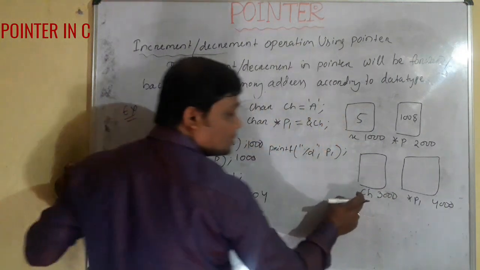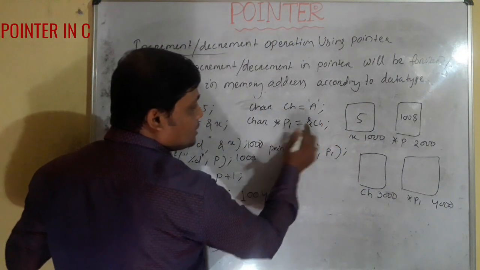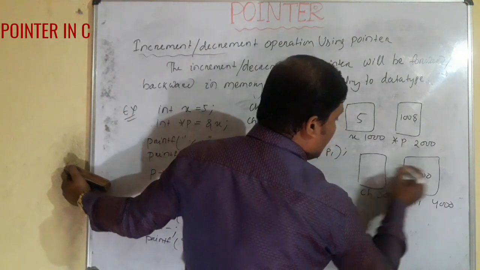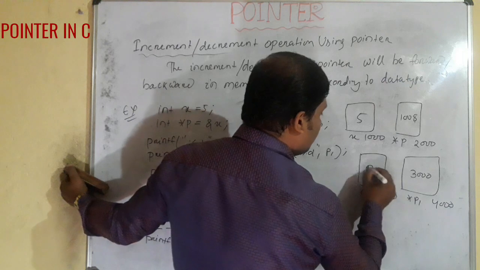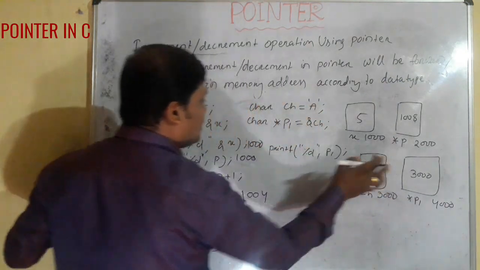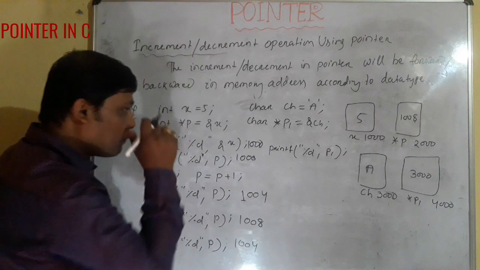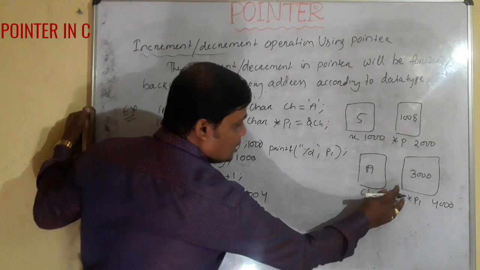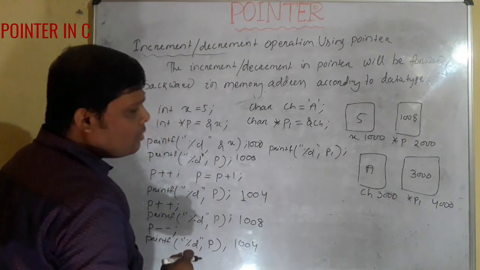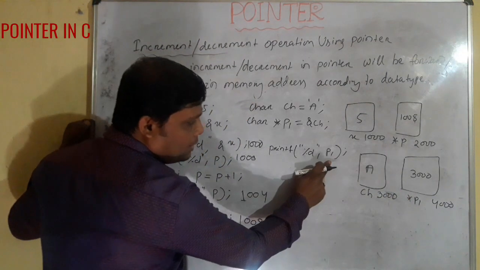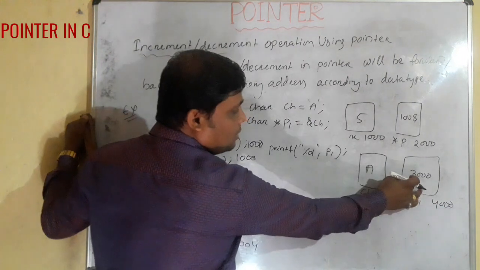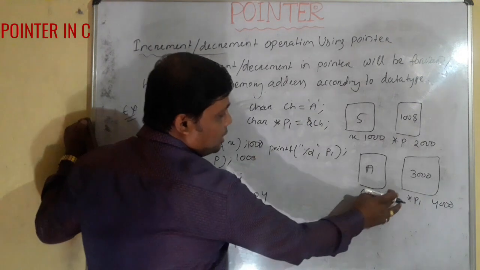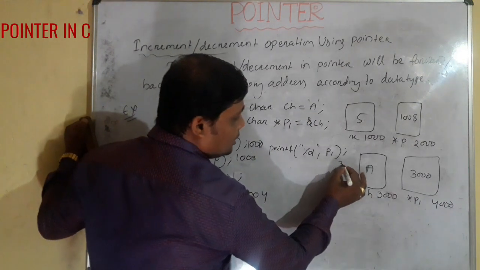I have stored the address of ch in p1, so it holds 3000, and a is stored in ch as a single character. This is how memory will be allocated. So if I print p1, it will print what is stored in p1, that is the address of the ch variable, which is 3000.